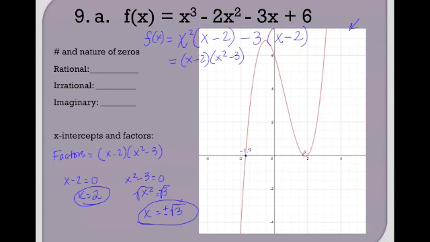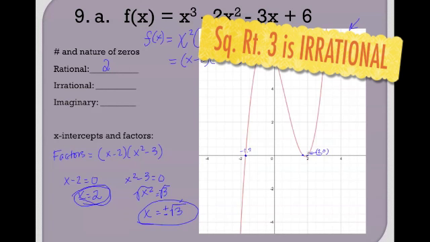Here, notice there are two intersections. This first one is 2, 0, so that makes sense, and that's what we have here. That's our rational root, so our rational root is 2. And then this one is positive 1.7 something, 0.